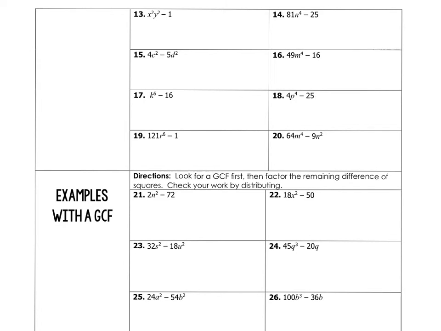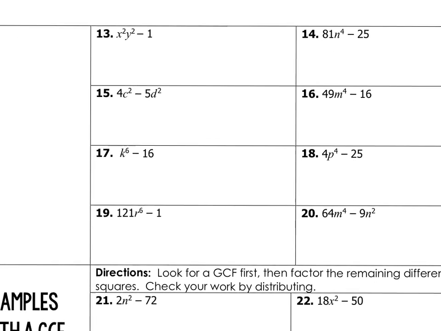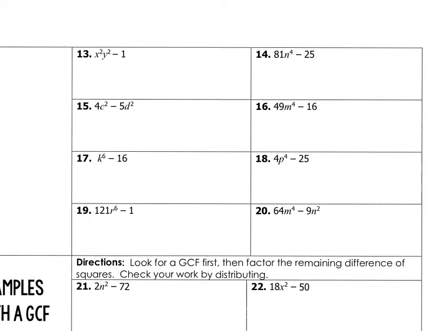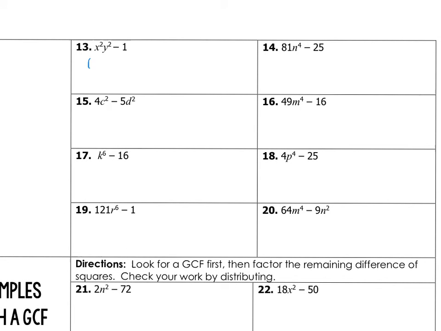So again, I'm here, oops, sorry about that. I'll make this a little bit bigger. I'm looking for something squared minus another thing squared, right? So how can I rewrite this into the whole thing squared? It's just xy squared. And then 1 squared is the same. So now I have xy, a plus b times a minus b equals a squared minus b squared.